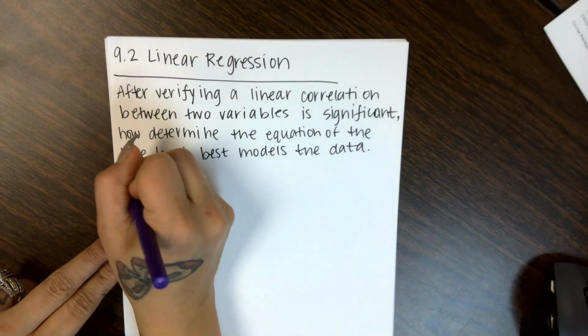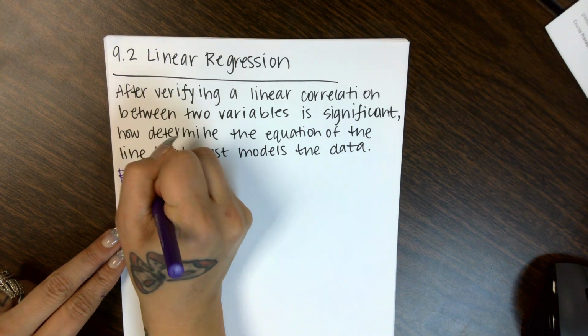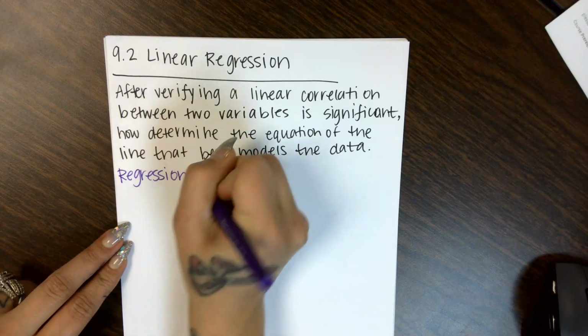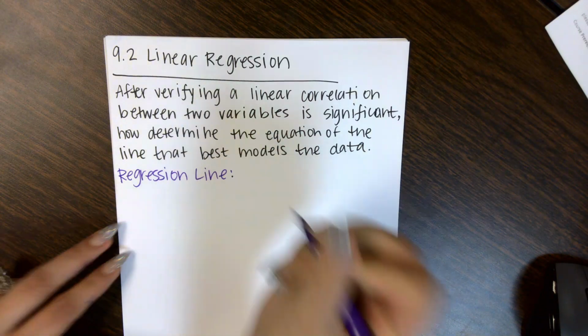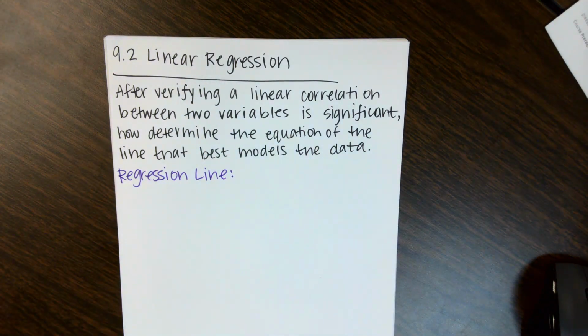We have what is called the regression line. Okay, and it is an equation used to predict the value of y for a given x, which is kind of like that little example we just did. Okay, so we've determined that it's significant, and now what we can do is determine the equation that models that data.